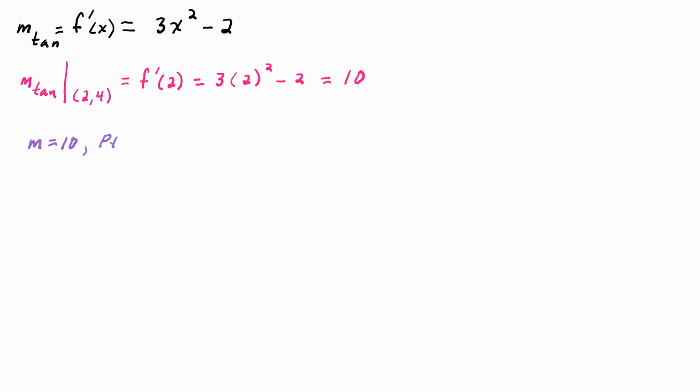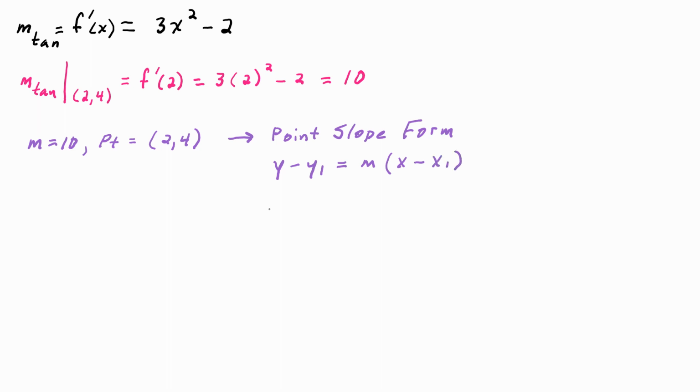Our point is (2, 4), and we can plug into point-slope form, which we know is y minus y1 equals m times x minus x1. When we do that, we get y minus 4 equals 10 times x minus 2.